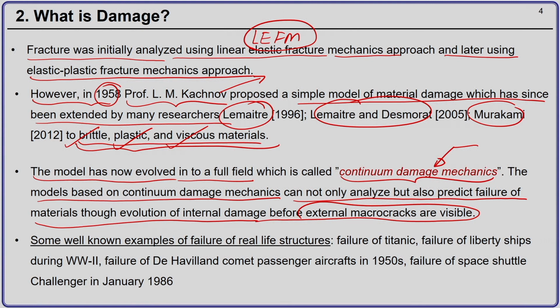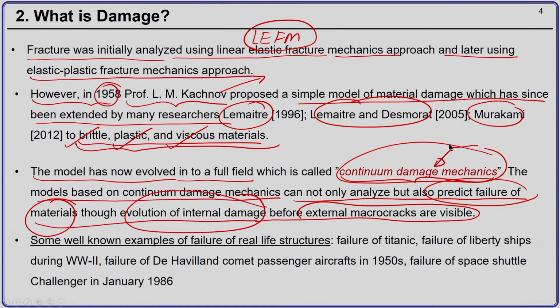It can not only predict failure of the material, but also the evolution of the damage. So, from no damage inside the material to complete damage, the whole path of fracture can be analyzed using continuum damage mechanics.